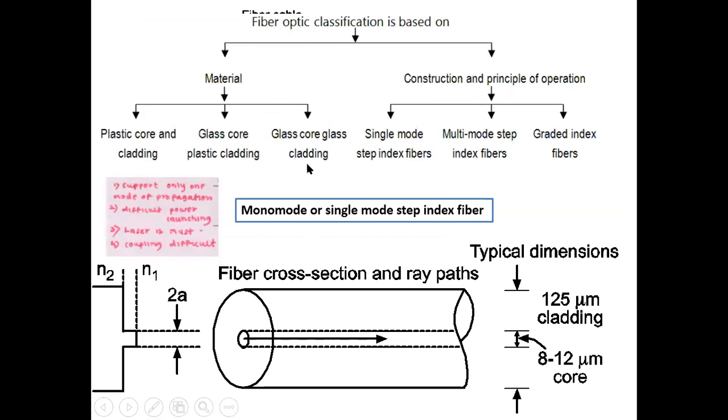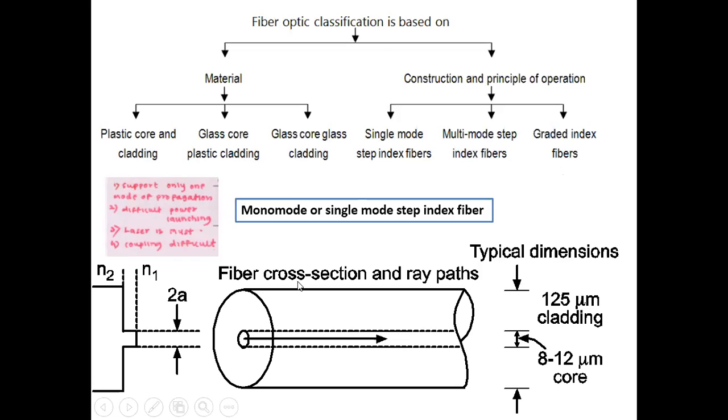As far as fiber optic communication principles are concerned, you can classify these fiber optic cables based on the construction and principle of operation, like single mode step index fiber, then multi-mode step index fiber, and finally graded index fiber.